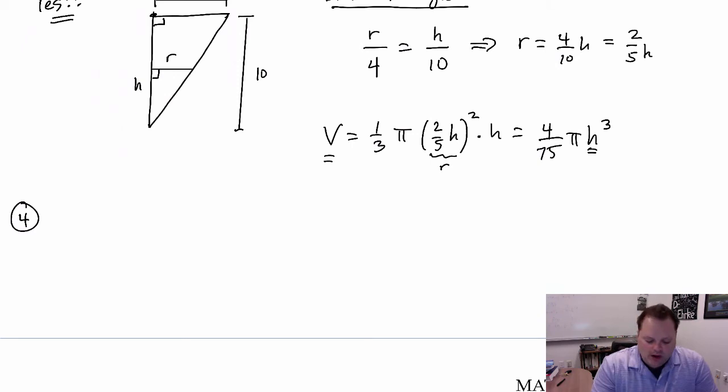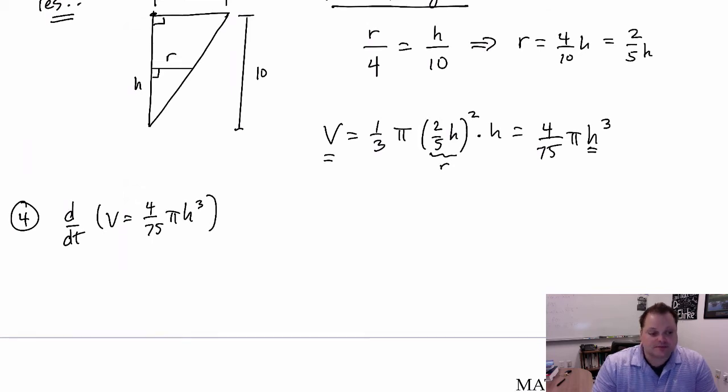So in step 4, I want to differentiate both sides of this equation with respect to time.